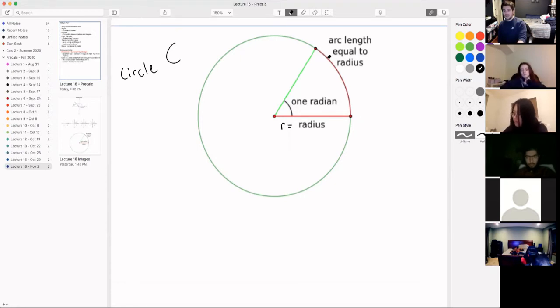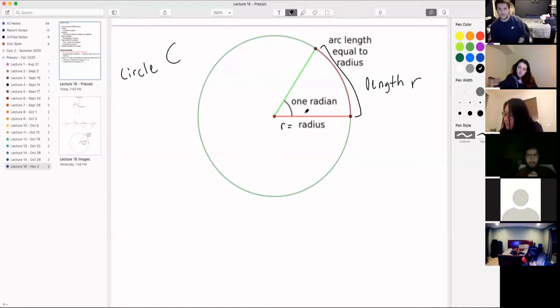That's what this dark red is. The angle that it makes by definition is 1 radian. That's your first step, and after you have done that, the angle it makes is 1 radian.